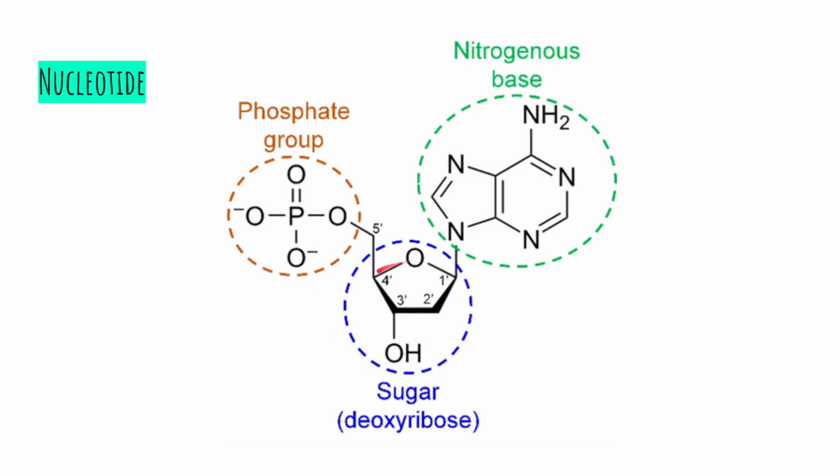In blue, consistent with the previous picture, is our sugar, it is deoxyribose, and our nitrogenous base. Now, I am not expecting you to memorize these images or these compounds, but you do need to know that there is a phosphate group, the sugar, deoxyribose, which makes the backbone, and the nitrogenous bases.